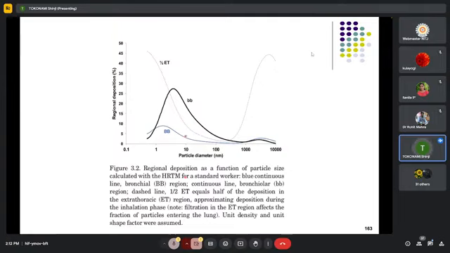The blue continuous line is the bronchial region, the other continuous line is the bronchiolar region, and the dashed line is half of the deposition of the extrathoracic region, approximating the deposition during the inhalation phase.